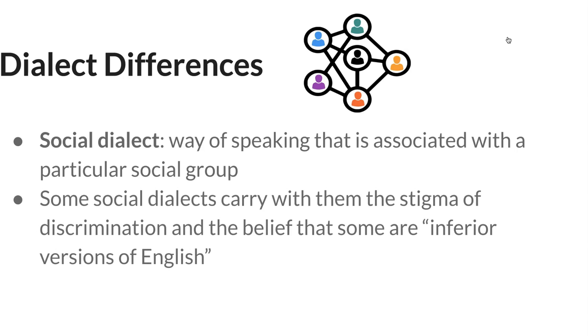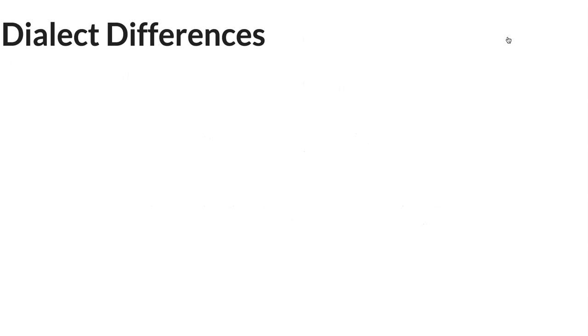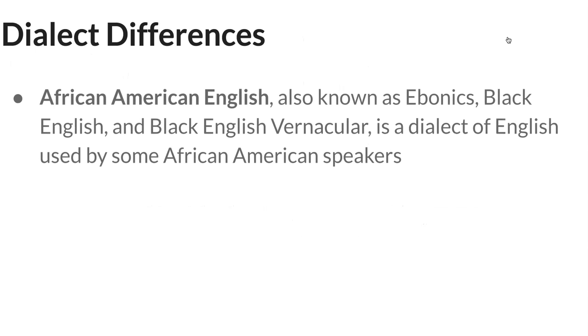Some social dialects carry with them the stigma of discrimination and the belief that some are inferior versions of English, right? So again, we get this idea that there's a right way to talk and there's some sort of hierarchy in how we talk, how we write, how we sound, right? But that's not really true.